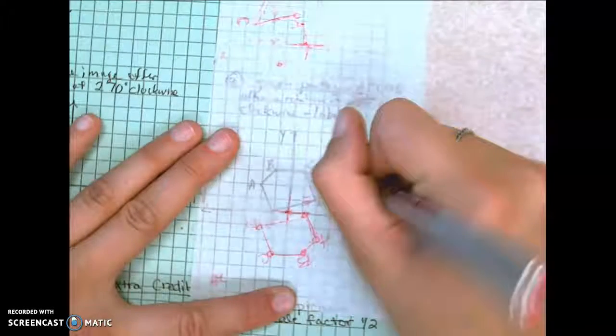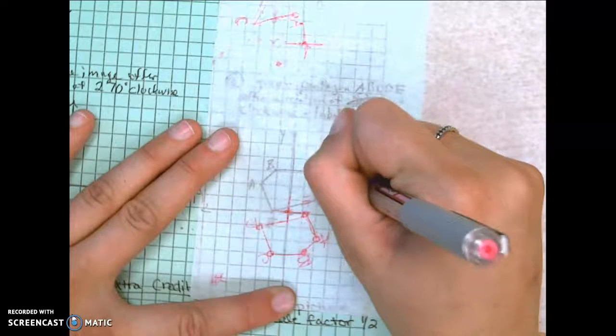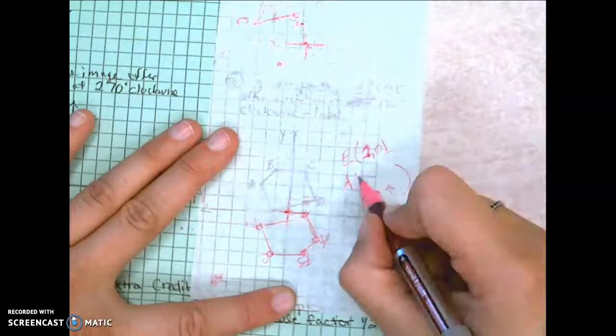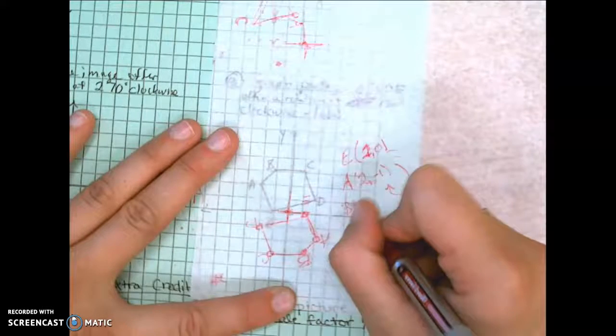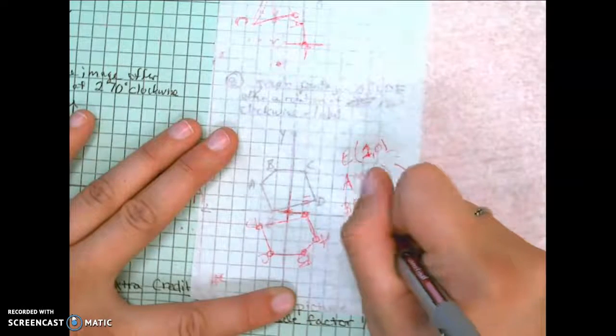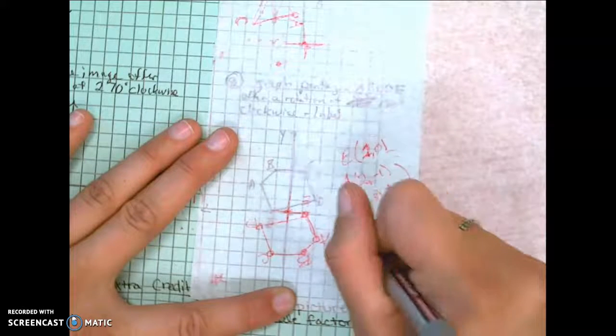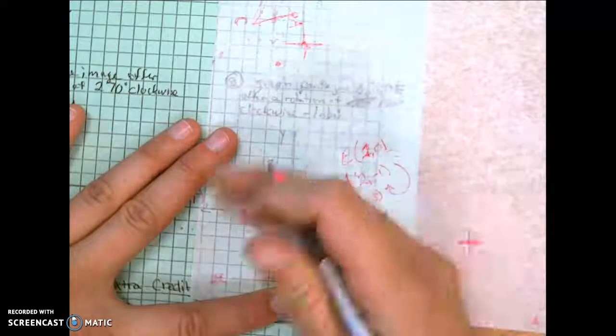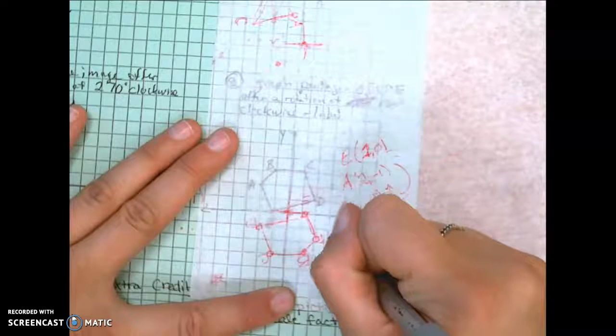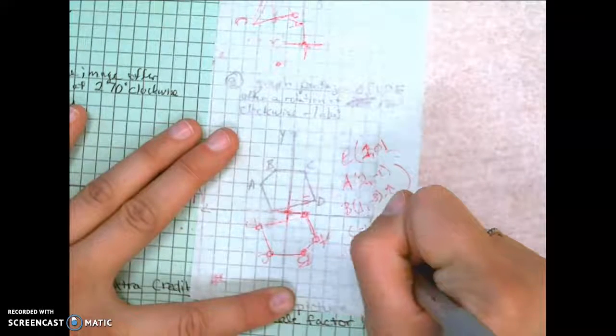So it looks like A is at 2, -1. Looks like B is at 1, -3. C looks like it's at -1, -3. And D looks like it's at -2, -1.